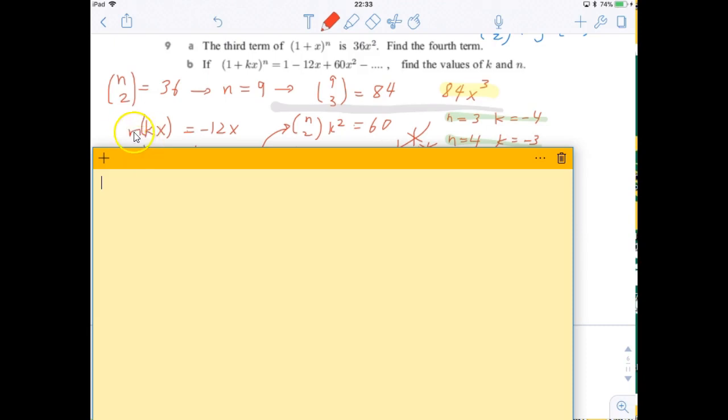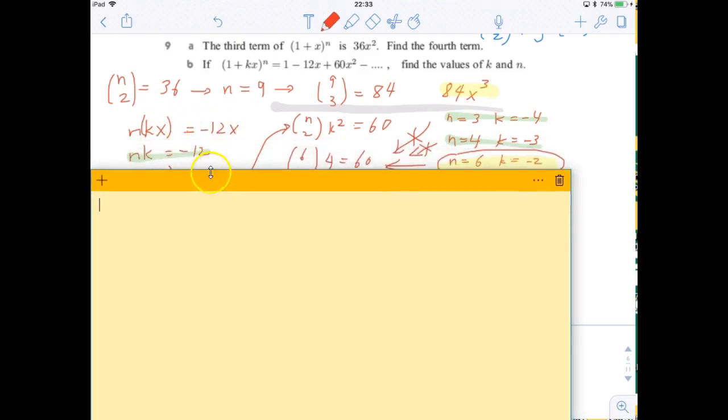So this is always equal to the power. Then we know that the b term is taken to the first power, so kx is to the first power. So we know that nkx is equal to the second term, negative 12x. Well, x is equal to x, so we know that nk is equal to negative 12.